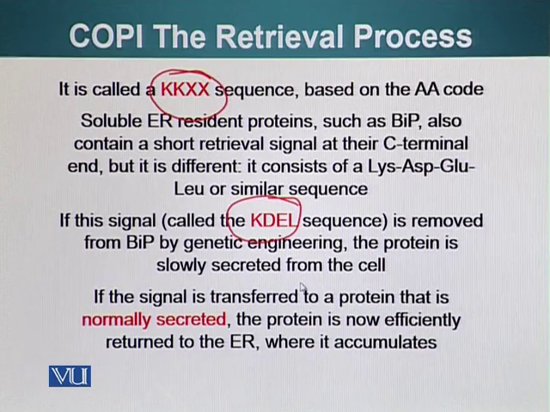If the signal is transferred to a protein which is normally secreted, the protein will now efficiently be retained in the ER, where it accumulates. So this is the sequence which determines whether a protein is going to go to the Golgi apparatus and onward, or whether it will stay in the ER.